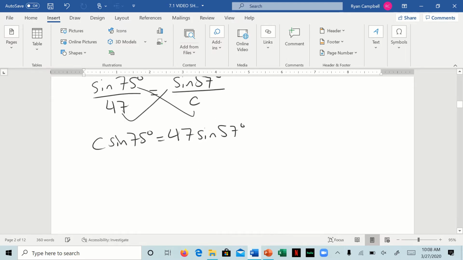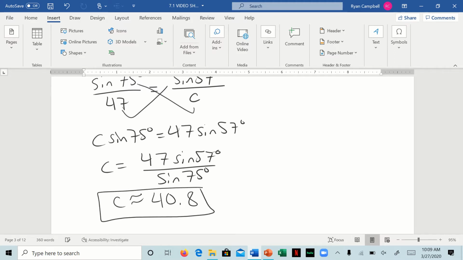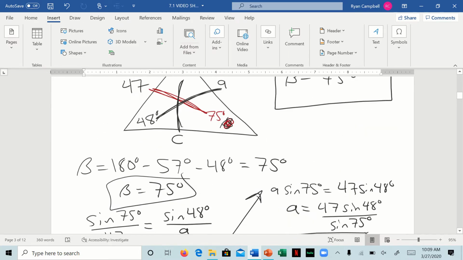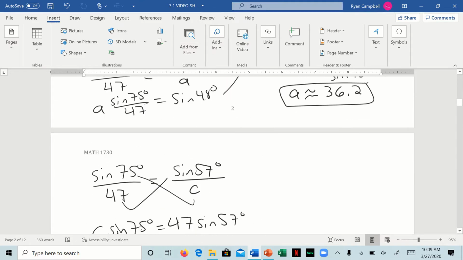Divide by sine of 75 degrees. So that's what we get for C. When we divide that out, we should see that C is going to be about 40.8. And again, if you don't get this when you type it into the calculator, you might be in radians. So just make sure that you switch the mode over to degrees. Good. So 40.8, and that's our answer.